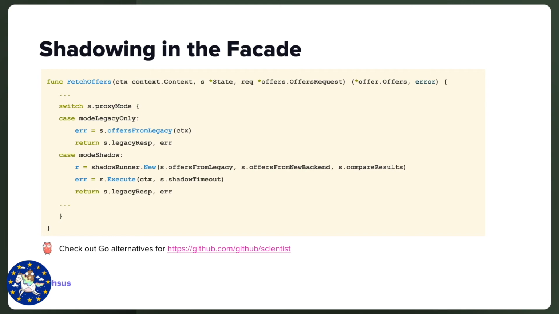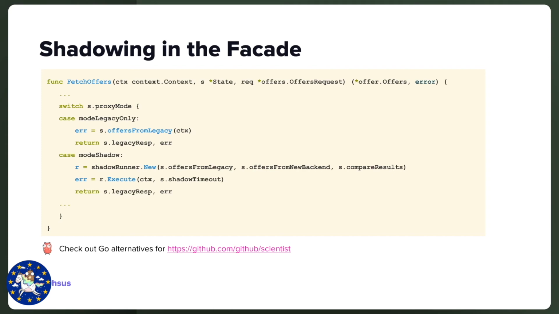This would be set in our configuration system, and its value will be the percentage of traffic that we want to shadow. So if it's set to 50%, for example, then there's a 50% chance that proxy mode for that particular request is going to be mode shadow.